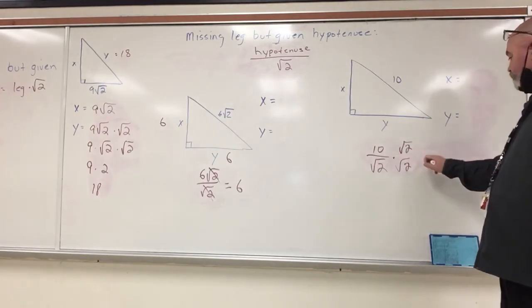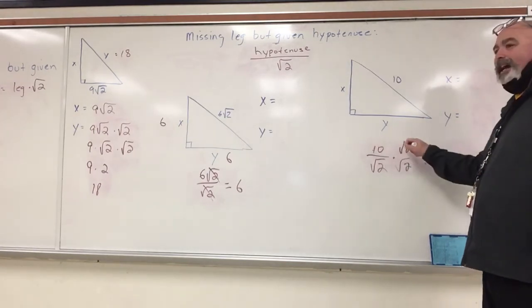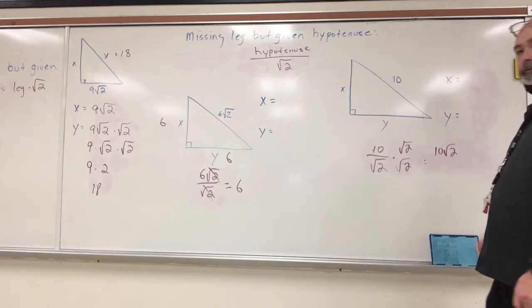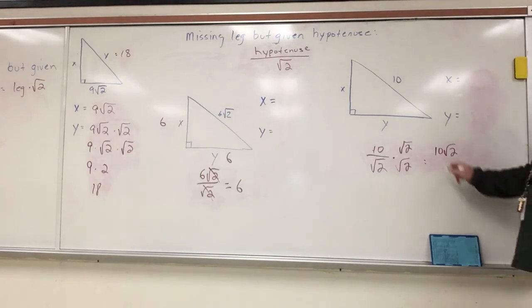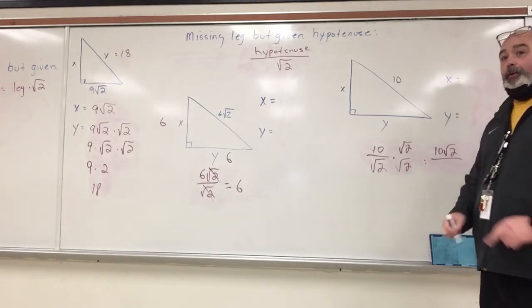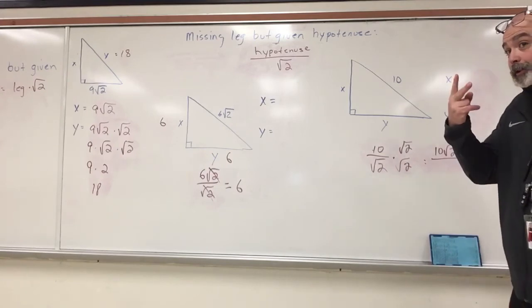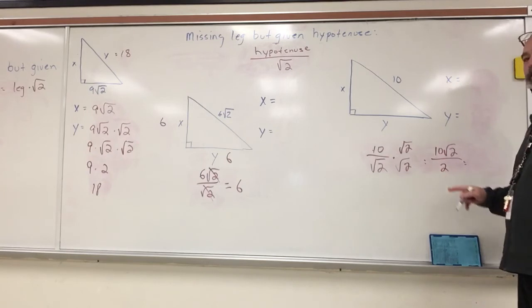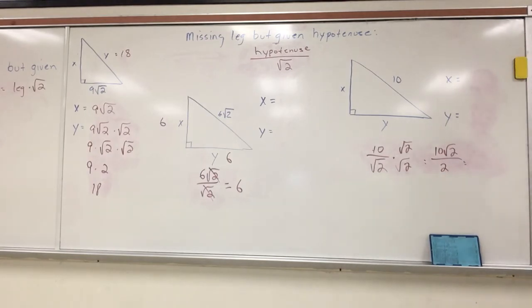Alright, going back to math. 10 times the square root of 2 is 10 square root of 2, divided by square root of 2 times square root of 2, which is 2. Does 10 over 2 reduce?